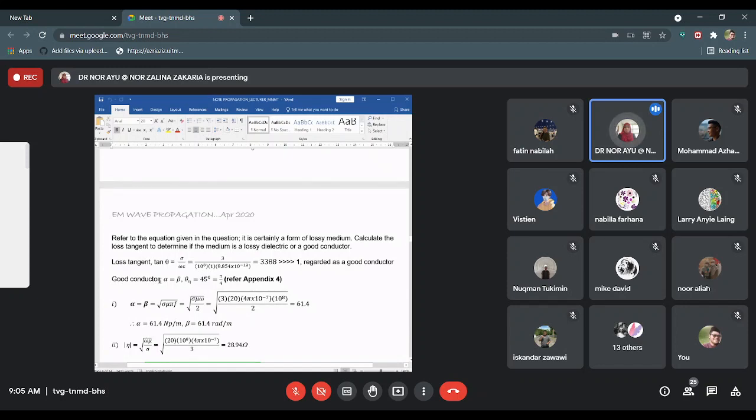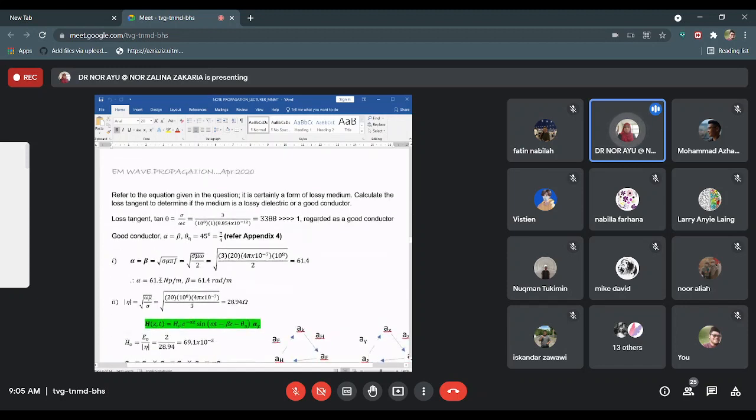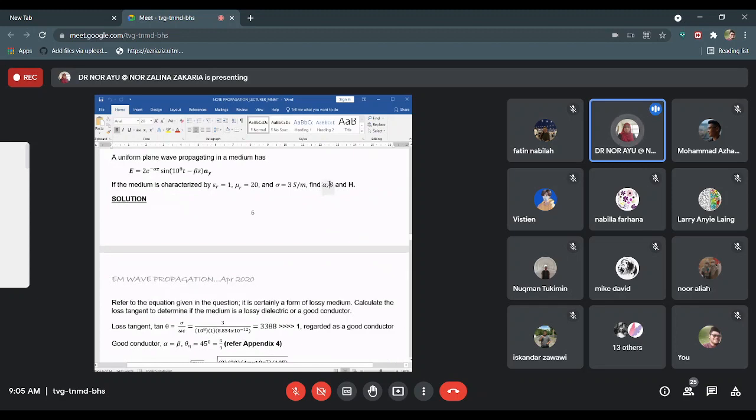When it is a good conductor, you can refer to your appendix. You need to find the equations for alpha and beta because the question wants you to find alpha and beta.